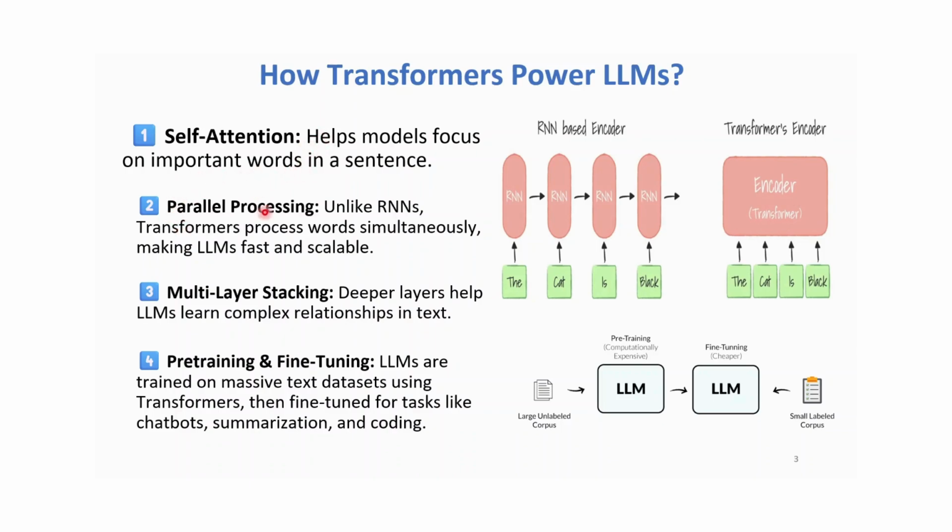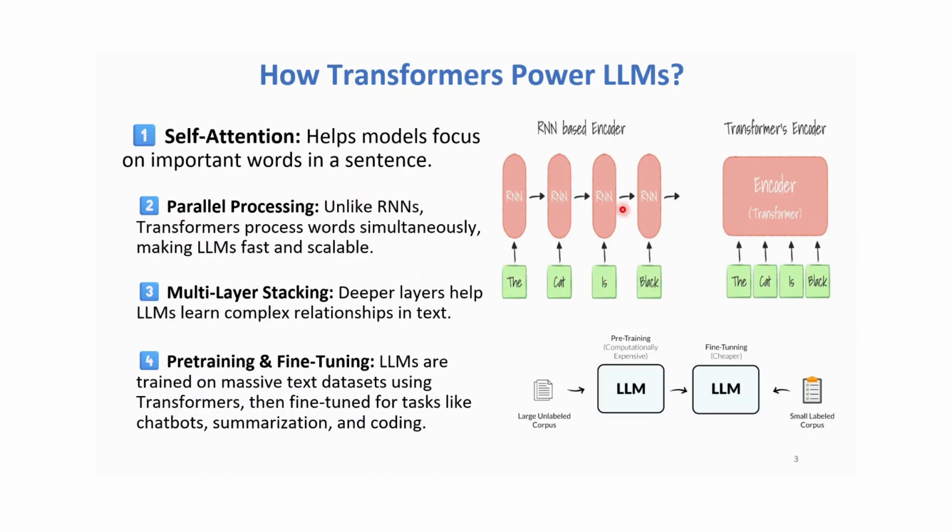And then parallel processing, unlike RNN. Until 2017, the recurrent neural network was ruling the natural language processing domain. But the problem with RNNs is this: let's say we are processing the sentence "the cat is black", either to understand the sentiment of the sentence or to translate it, whatever the task may be.